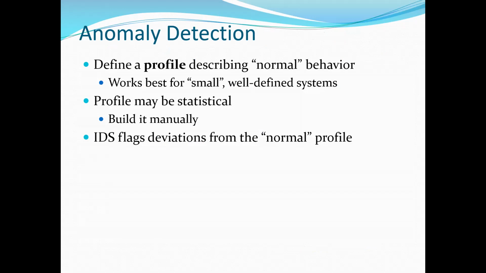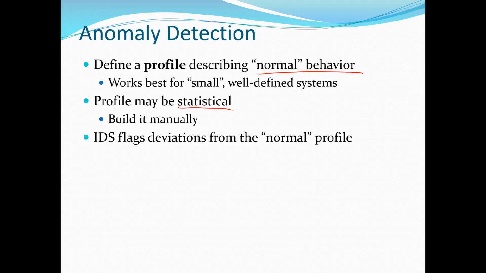No questions? All right. So basically, with anomaly detection, you define a profile, and you have to create it to describe normal behavior. And then, some kind of statistical thing, right? I'm not going to go into the statistics of this today, but you just have to remember the mean, standard deviation, and the Gaussian equation.